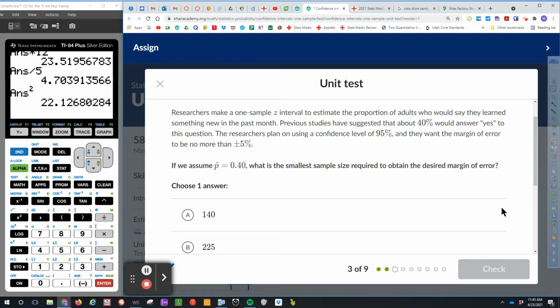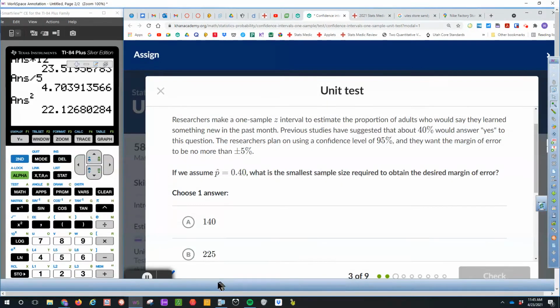The researchers plan on using a confidence level of 95%, and they want the margin of error to be no more than plus or minus 5%. If we assume p hat to be 0.4, what is the smallest sample size required to obtain the desired margin of error? So there's a formula.